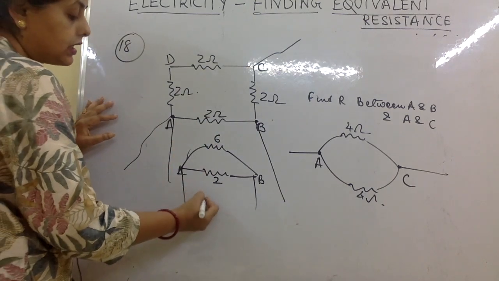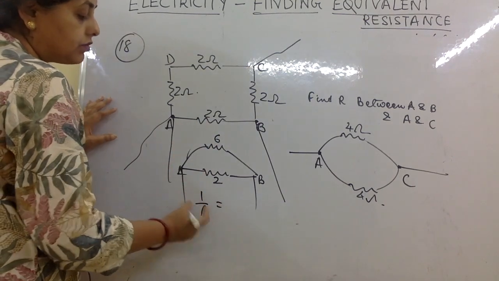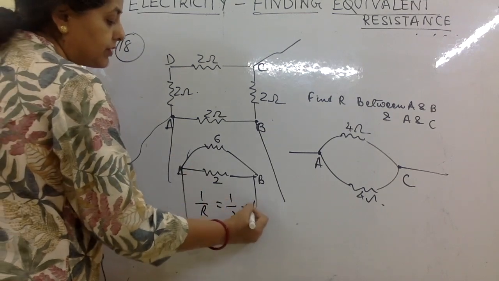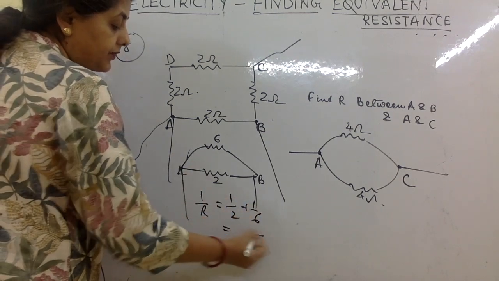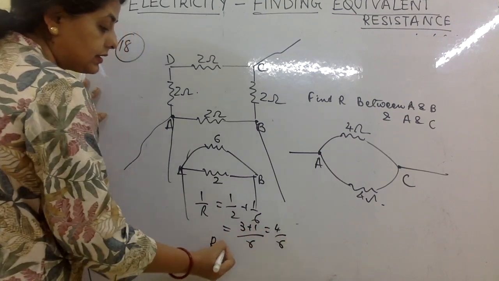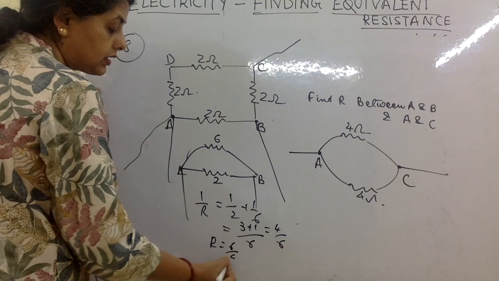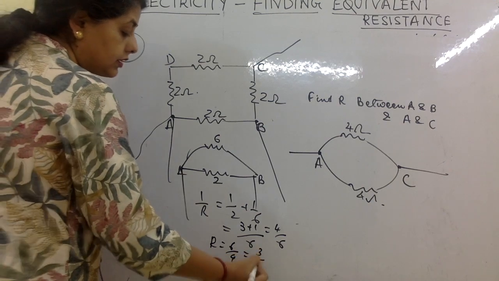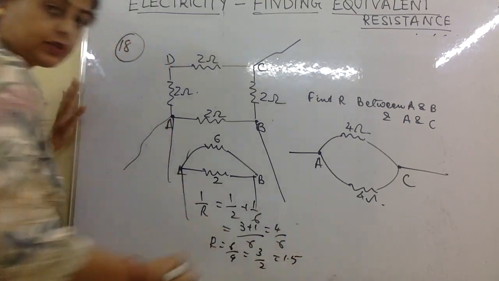Between A and B, let's find R. This is a parallel: 1 by R is 1 by 2 plus 1 by 6, which is 3 plus 1 by 6, which is 4 by 6. R is equal to 6 by 4, which is 3 by 2, which is 1.5.